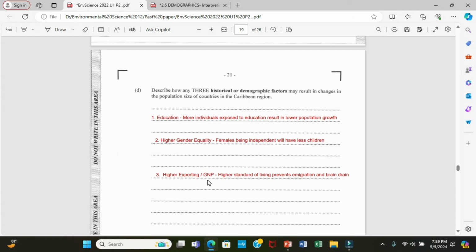You notice most foreign countries are now paying teachers, for example, way better, so we have brain drain. Now, if the Caribbean countries can maintain a higher standard of living, most persons won't have to emigrate, keeping the educated persons here, and population growth will decrease.